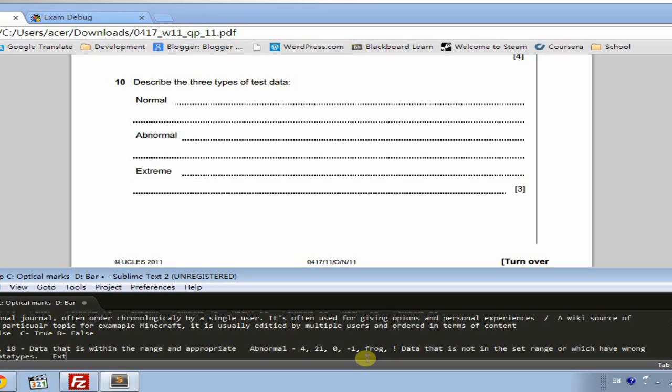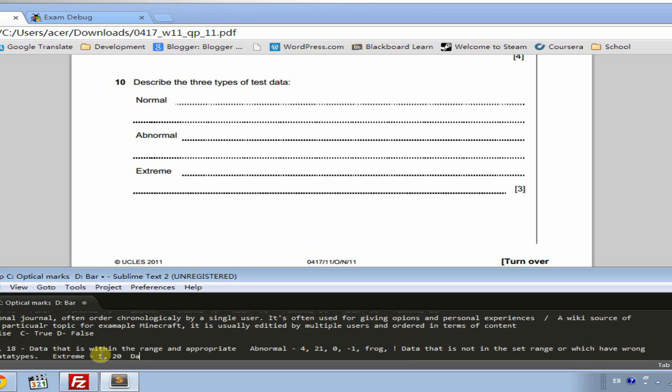Okay. And the last one is extreme data. So this one's a little bit different. So extreme data is ones which are on our boundary. So again, we have 5 and 20. So in this case, extreme data could be 5 or it could be 20.